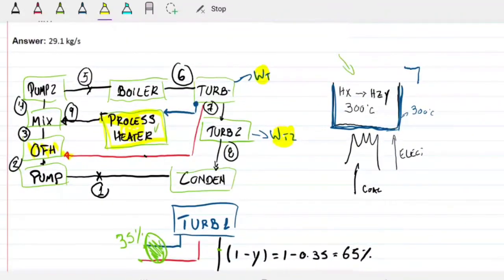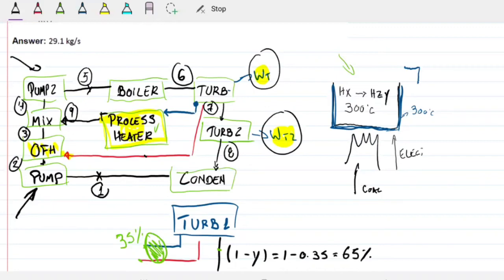Let's look at these two here. I have two outputs of this system, these two turbines outputting energy. And I have two things consuming energy in my process: pump or compressor 1, here at the bottom, and this one here on top.